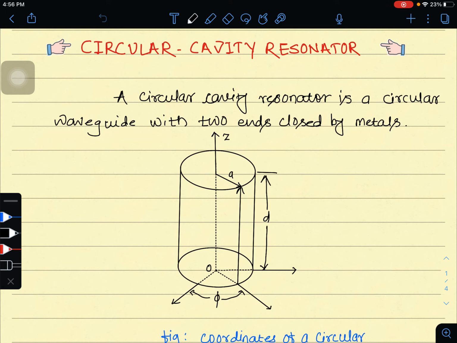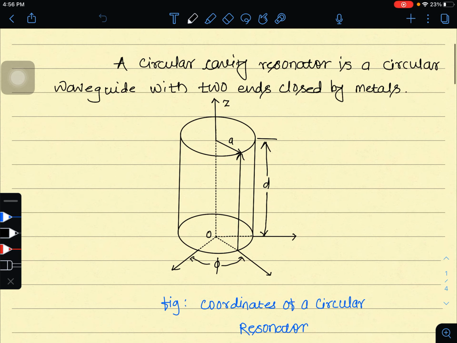The circular cavity resonator is nothing but the circular waveguide, but with only one change. In a circular waveguide, as in the diagram, both ends are open.